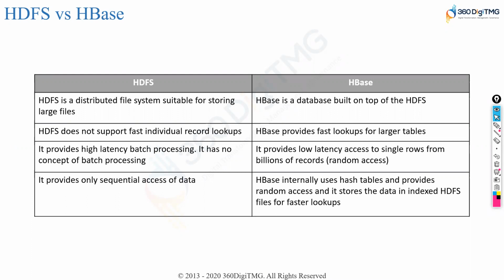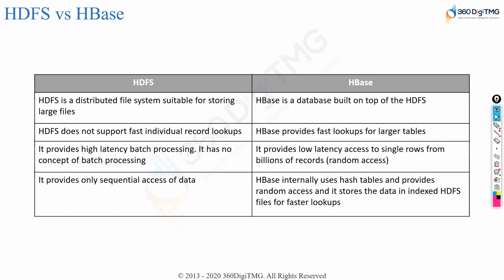Now, when we talk about HBase, HBase is a software which resides on top of this file system, right? Now, HDFS does not allow reading individual records. It takes time. You have to open the file and manually read. Whereas in HBase, you can write queries and retrieve only that record that you are interested in.